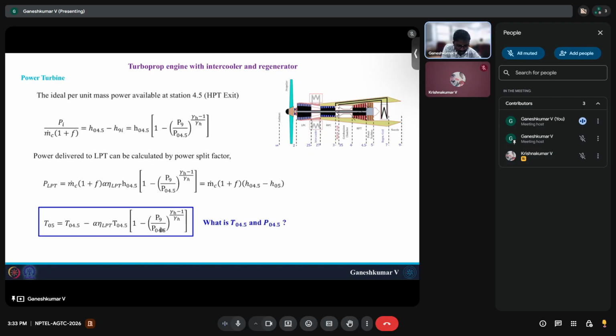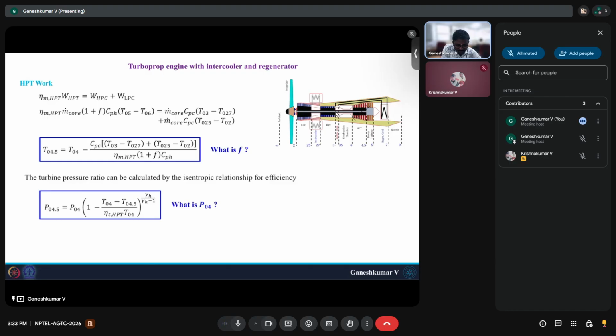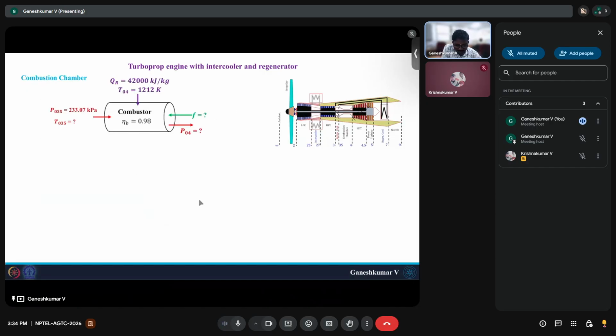So for that we have the turbine pressure ratio, the isentropic relationship for efficiency, that will give you P04.5. This is the same turbine equation that we already know, but it requires us to find P04 and F. For that we have to solve the combustion chamber.